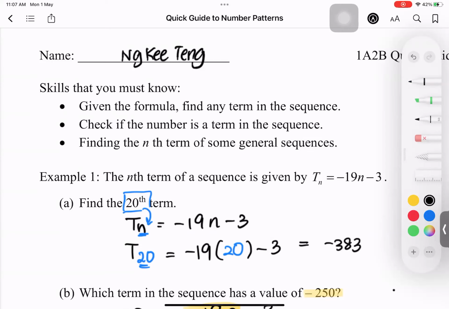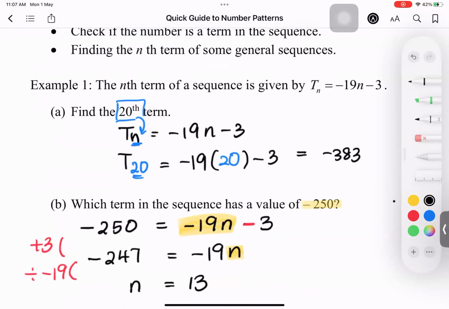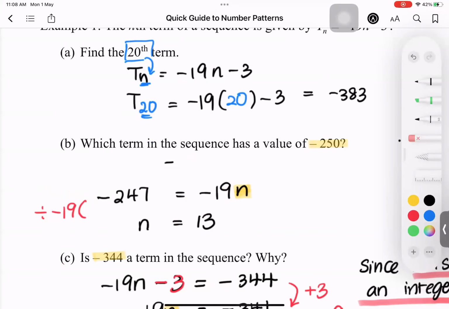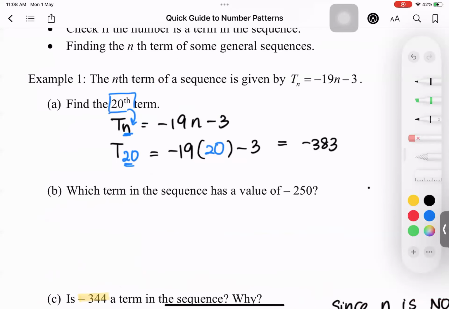Is this skill okay? Yes. Okay, or maybe if you don't want to say, you can give me a thumbs up sign. Next skill: which term in the sequence is the number negative 250? They want me to find the term in the sequence. I know the term in the sequence is given by this formula over here.